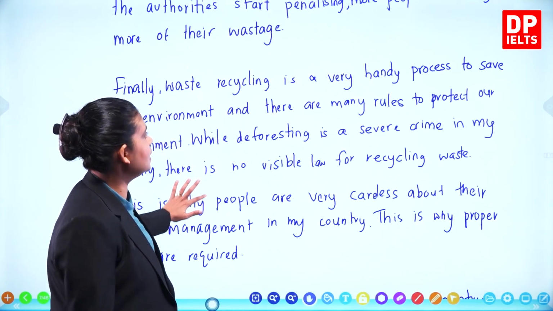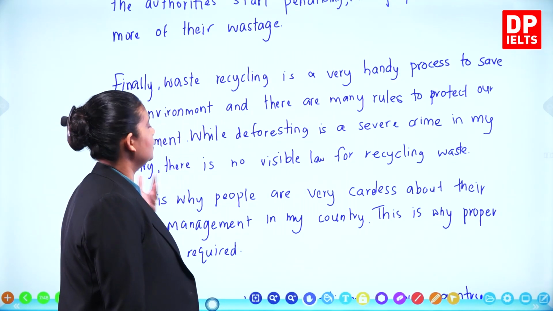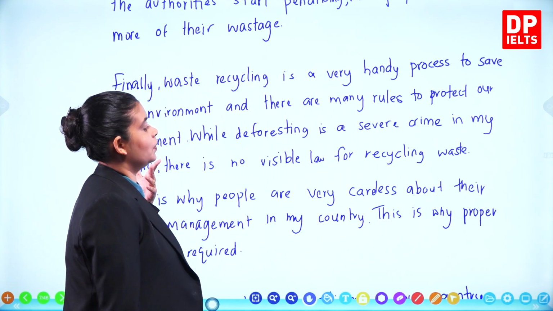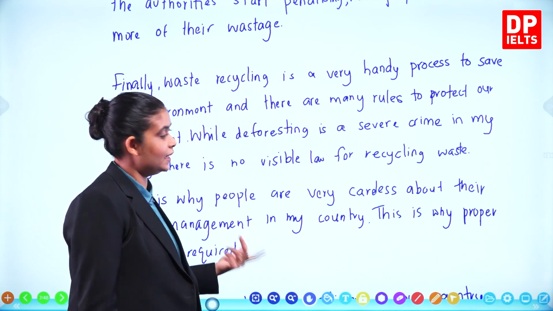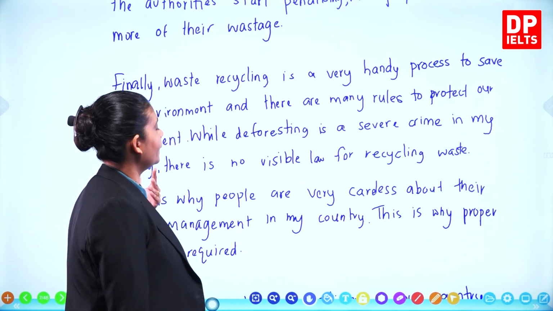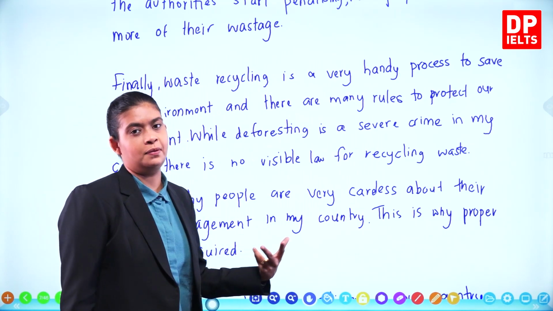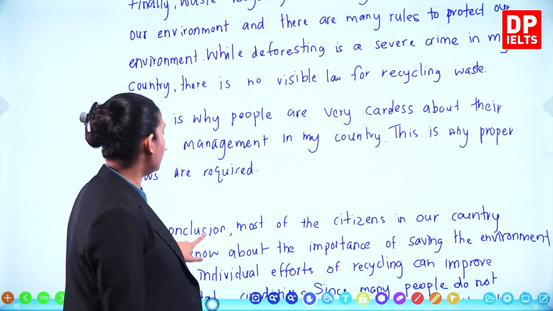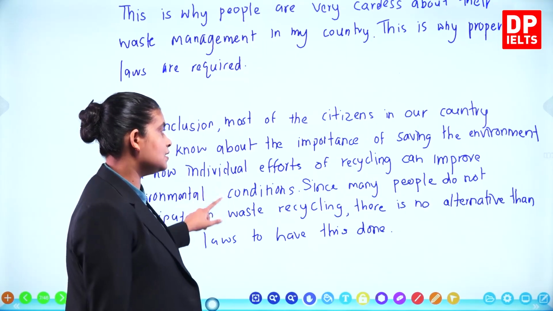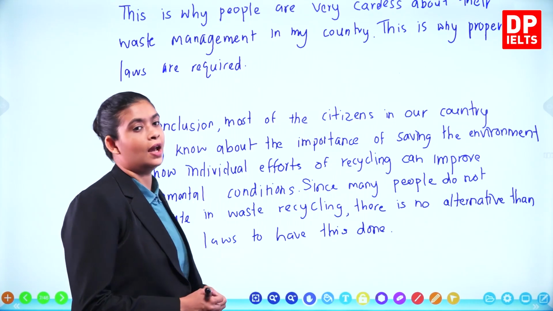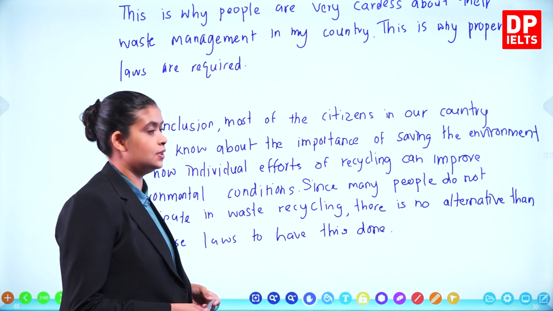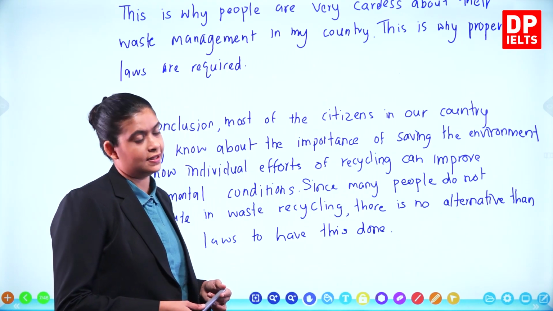Another reason is that it's very good for the environment if you follow this process. So if again you have proper laws in place, then of course it's good and people will start obeying the laws, right? Finally, in conclusion, I say that yes, it is important to have laws in practice because there is no other alternative unless that people will not listen.